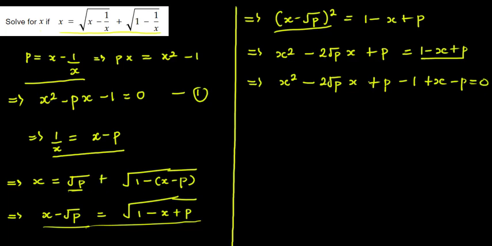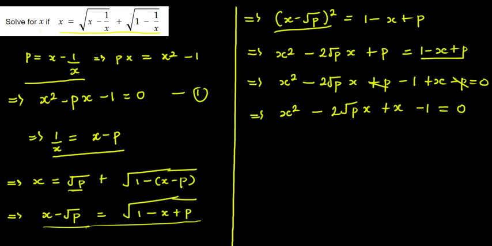Now notice that p will cancel minus p, and that's all that cancels out. So x squared minus 2 root p x plus x minus 1 is equal to 0.